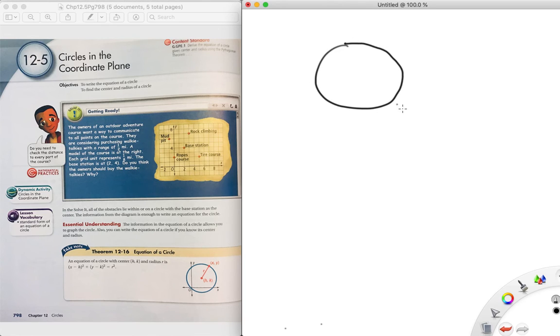We have the center of the circle, and we have the radius of this circle. We're going to call the center coordinates h and k. And we'll just call this regular x and y.